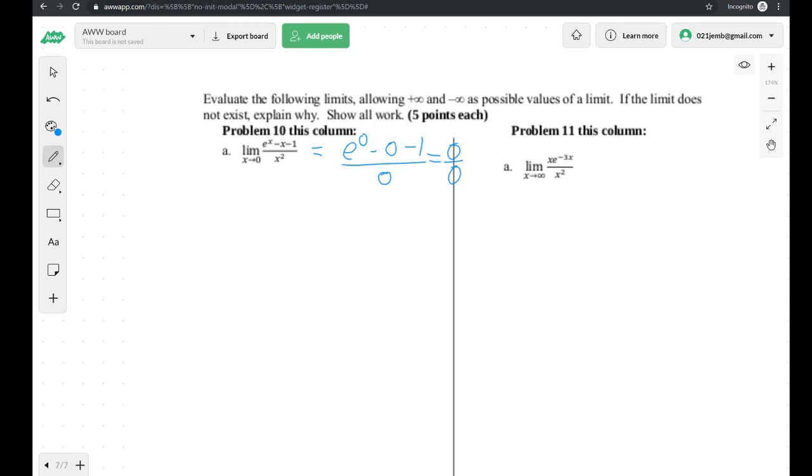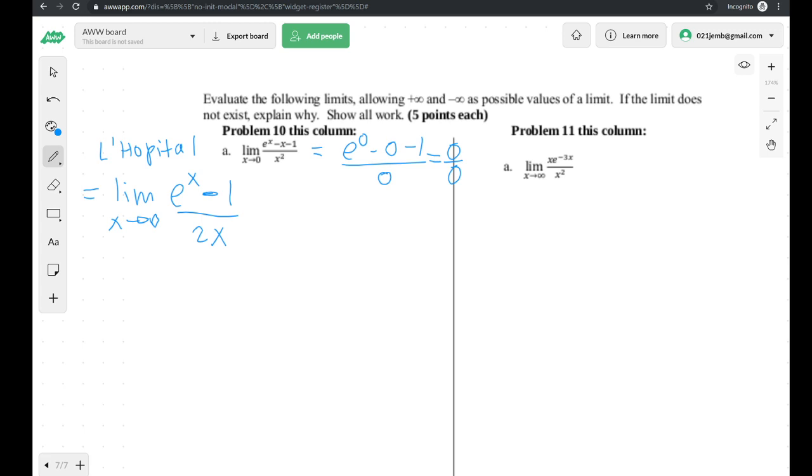So, using L'Hopital's rule, this is the limit as x goes to 0 of e to the x, since the derivative of e to the x minus 1 is e to the x, and the derivative of a constant is 0, divided by the derivative of x squared, which is 2x.